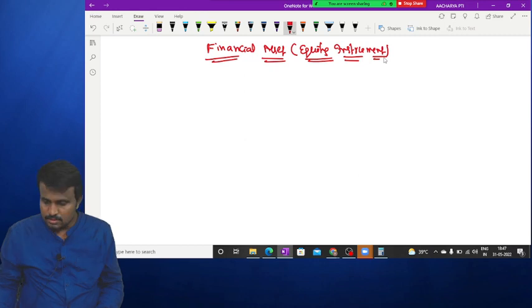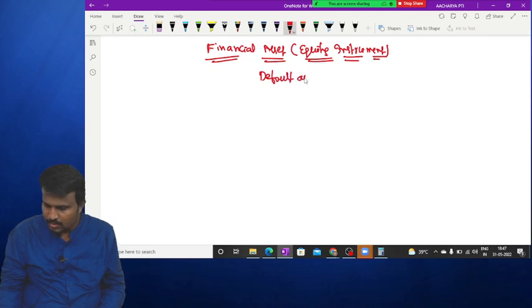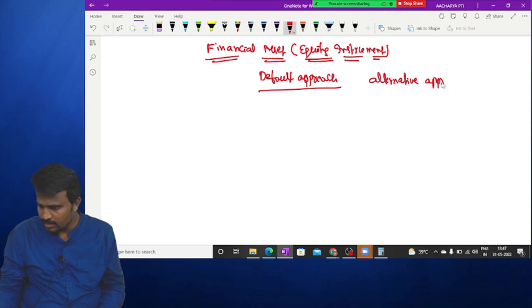I will revise once. In case of equity instruments, those are recognized in two ways. One is by using the default approach, and another one is the alternative approach.